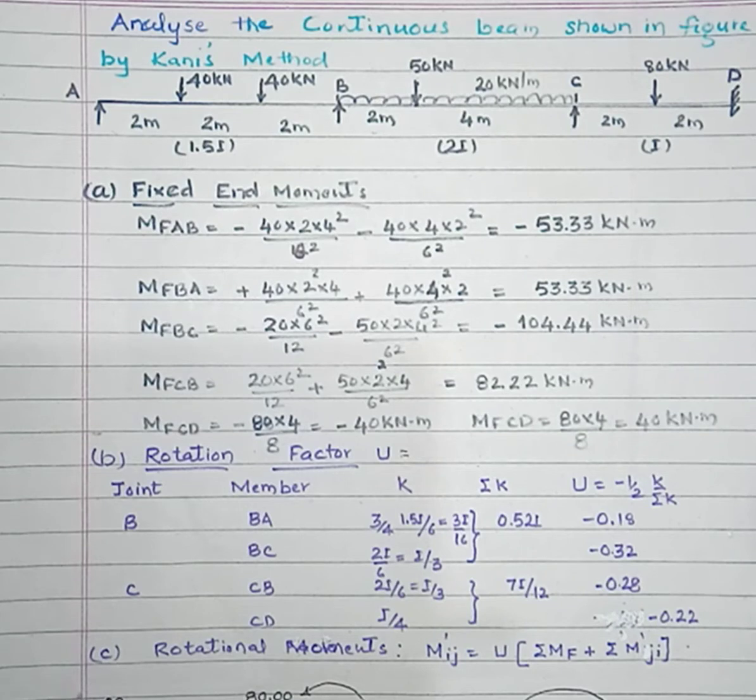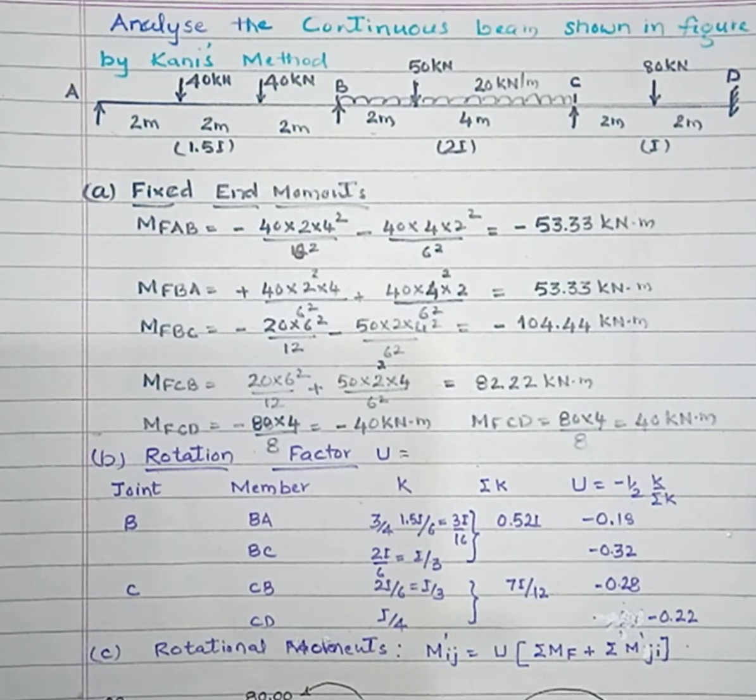Hence, after simplification, that becomes minus 11. Here we have to write the first cycle values, that is 4.3992, 7.8208, minus 14.01, minus 11 for BA, BC, CB and CD respectively. Then go for the second cycle.